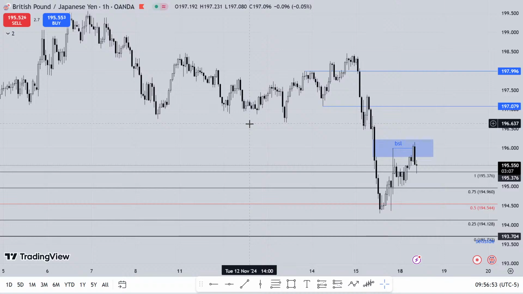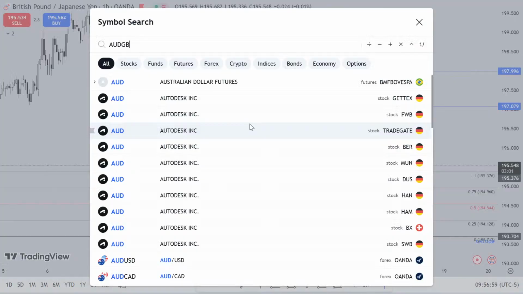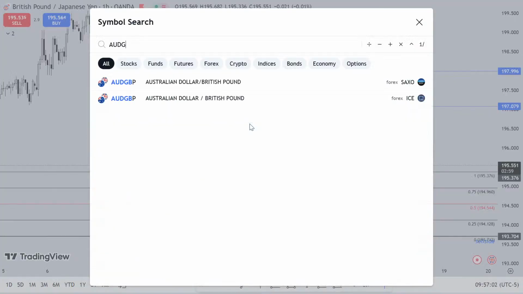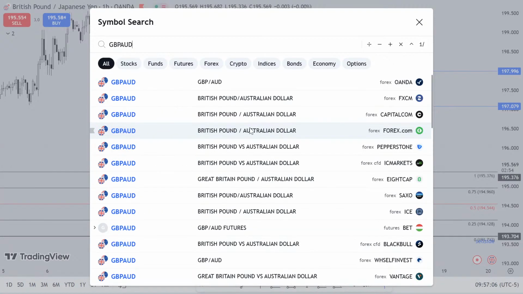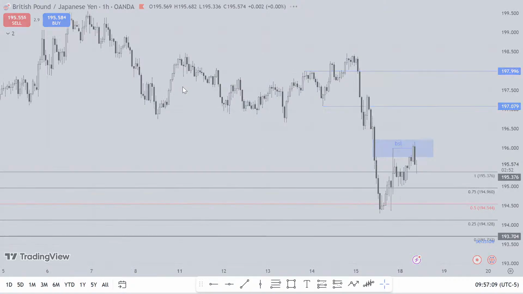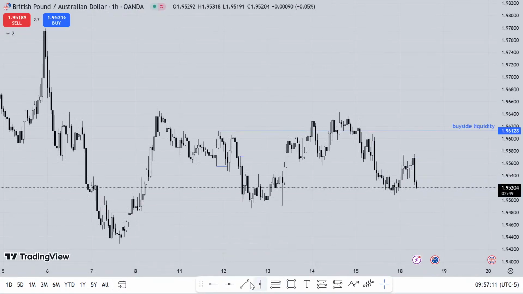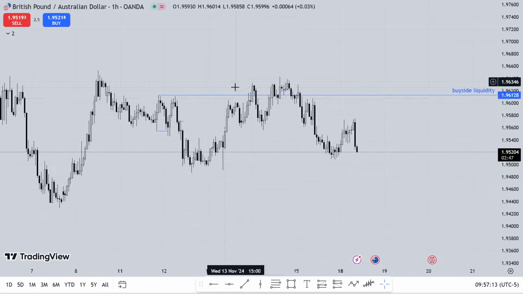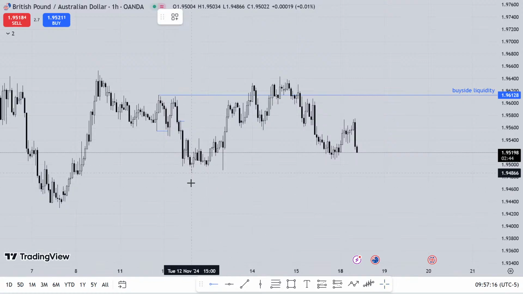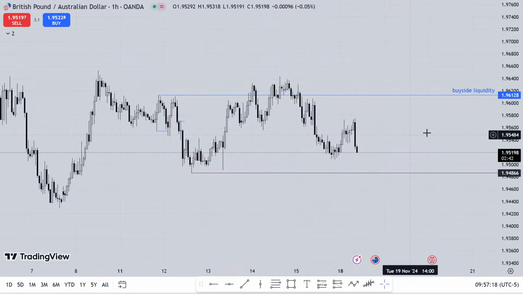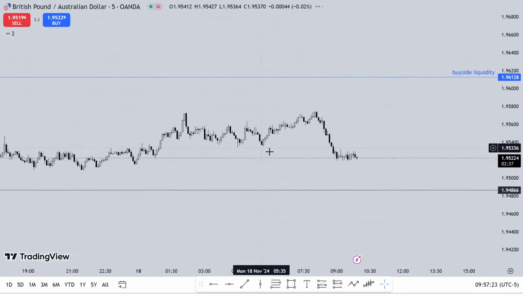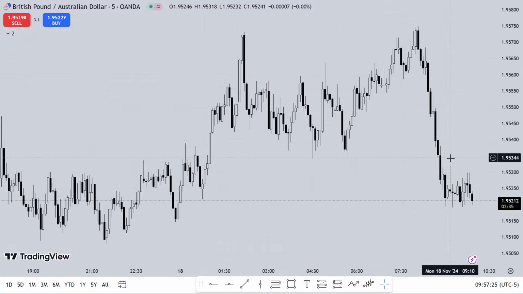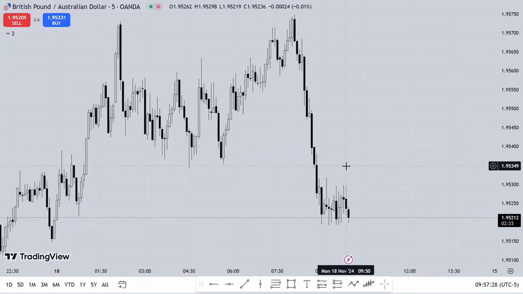So I'm going to look at another cross. It's taken out buy side liquidity. We have these relative equal lows here, sell side liquidity. So price is coming for that low. In 5 minutes, we'll be seeing price trade to that low.